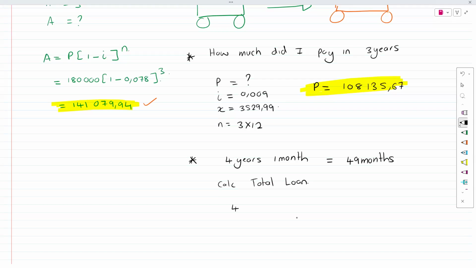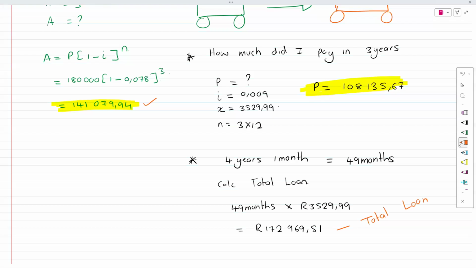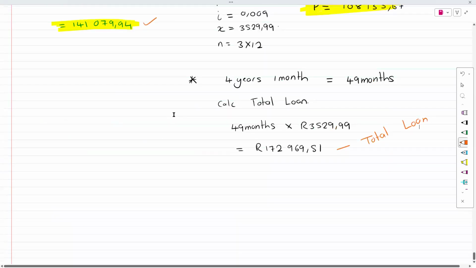The way I calculate the total loan is I take the 49 months and multiply it by the monthly installment, which is 3,529.99. And I find out that my total loan, every single thing that I have to pay on this loan, is 172,969.51. For those of you who don't know, this is the total loan. That's what I'm paying after 4 years. That was part three. We're breaking up into different parts.